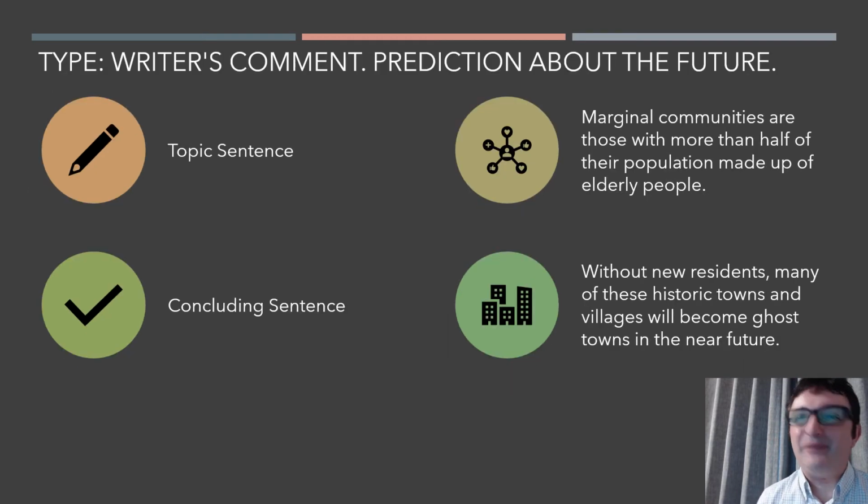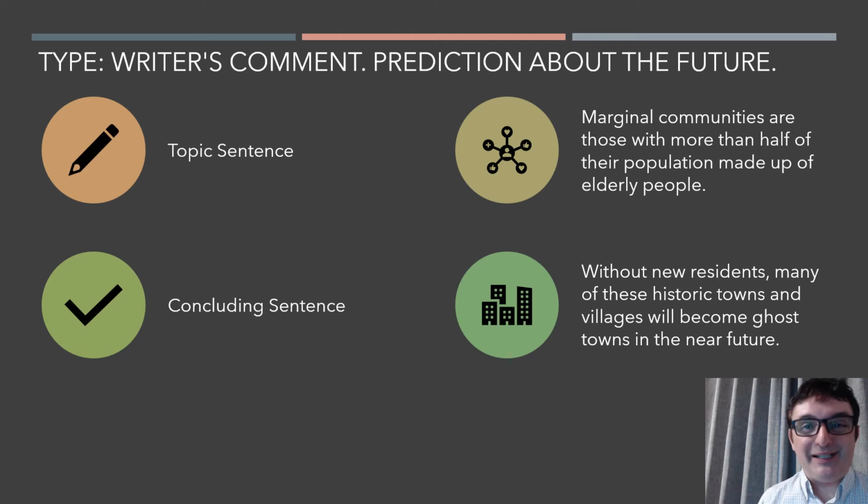Let's have a look at our second type. Our second type is where the writer makes a comment about the content of the paragraph. And this time, they're making a prediction about the future. The topic sentence is, marginal communities are those with more than half of their population made up of elderly people.